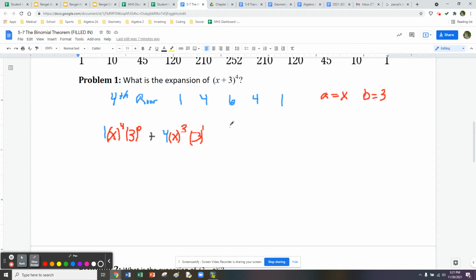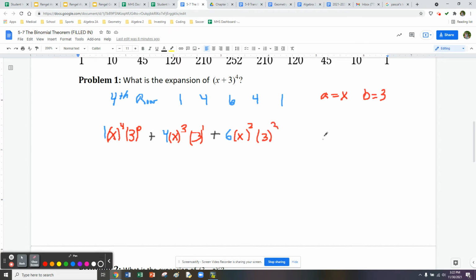Then we continue with the next Pascal's number plus, we're going to have 6. And then we'll have the x to the 2nd. Making sure we put that in parentheses so it's all going to be squared out correctly, 3 to the 2nd.